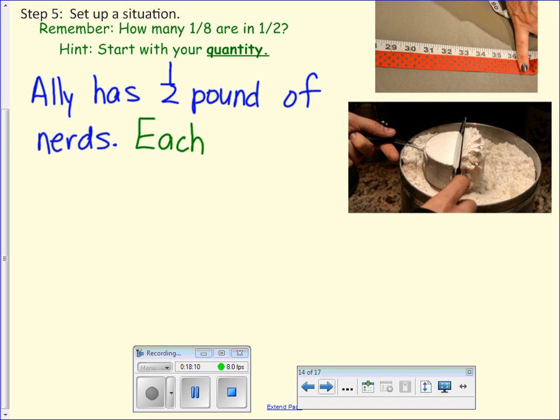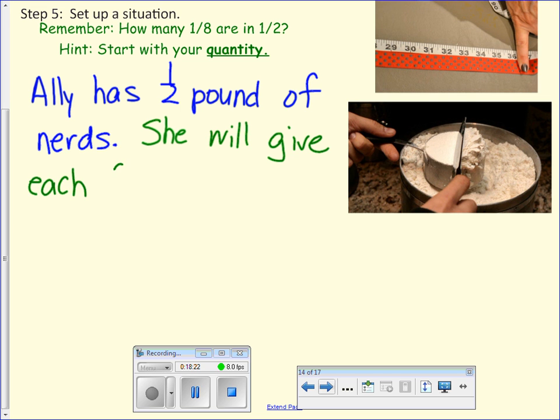Each she will give each friend 1/8 of a pound. Same unit. So now my second sentence has my second group in it.